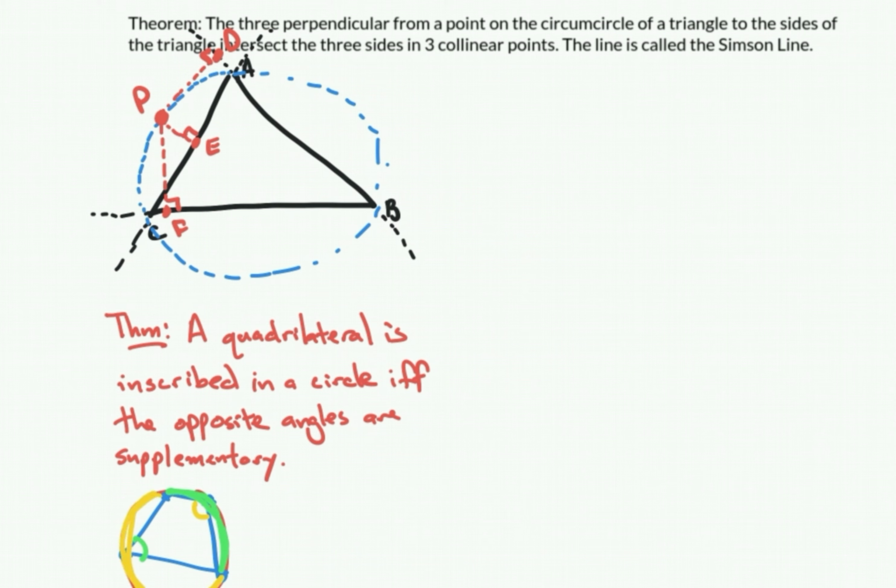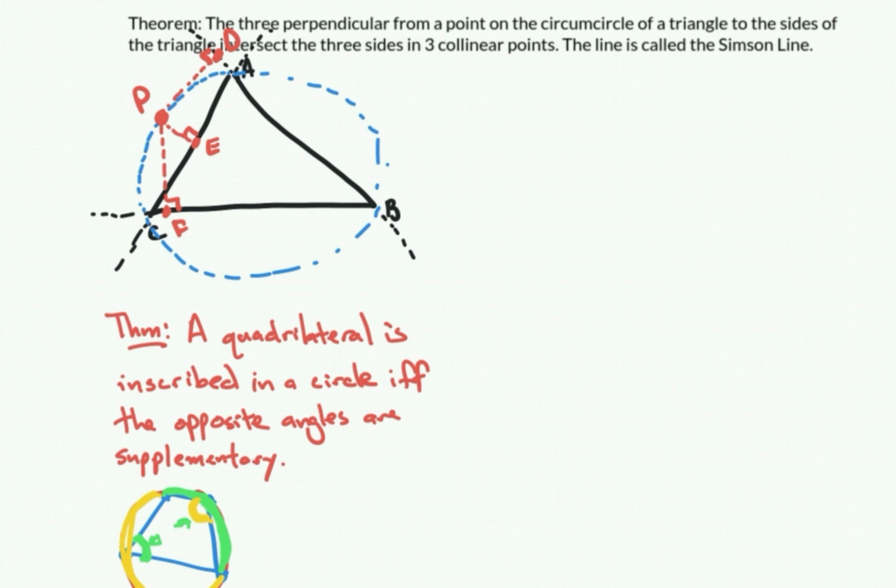So their intercepted arcs add up to 360 degrees. And since an inscribed angle is half the measure of an intercepted arc, which you might remember from circle theorems in high school geometry, and if you're not sure on that, you can look this up. The measure of an inscribed angle in a circle is half that of the intercepted arc. These intercepted arcs add up to 360. Therefore, these two angles must add up to 180.